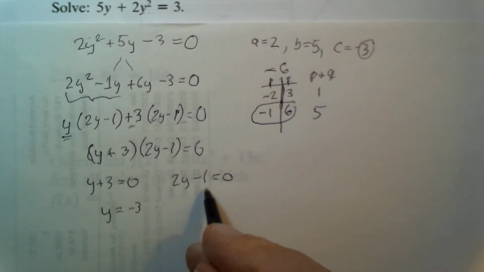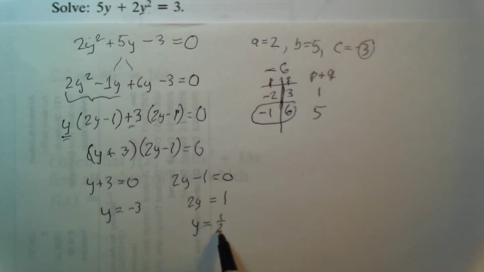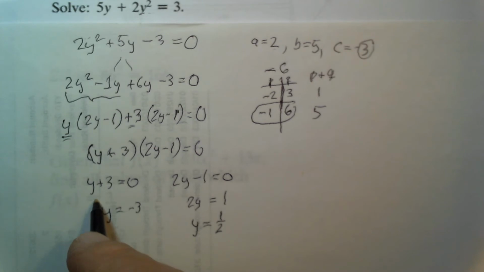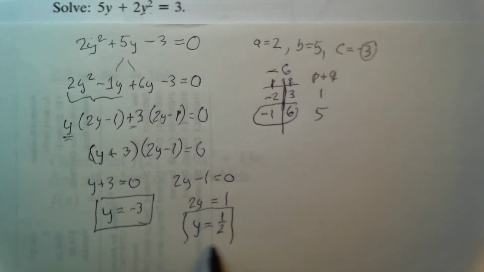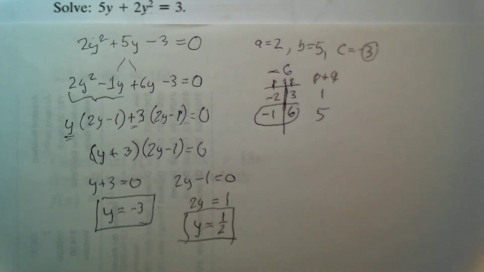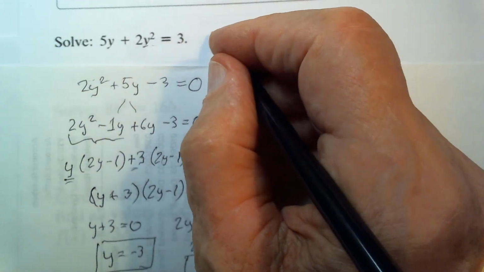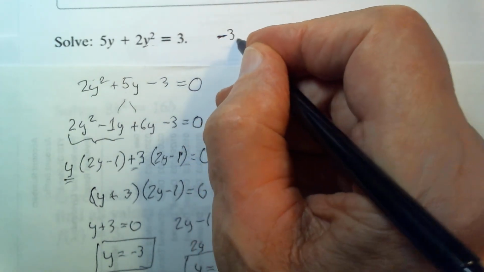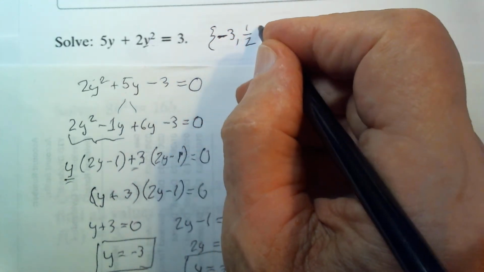And here we add 1 to both sides. So 2y equals 1. We divide by 2 on both sides. So y equals 1/2. So the two solutions are y equals minus 3 and y equals 1/2. So the answer would be minus 3 and 1/2. So it would be the solution set.